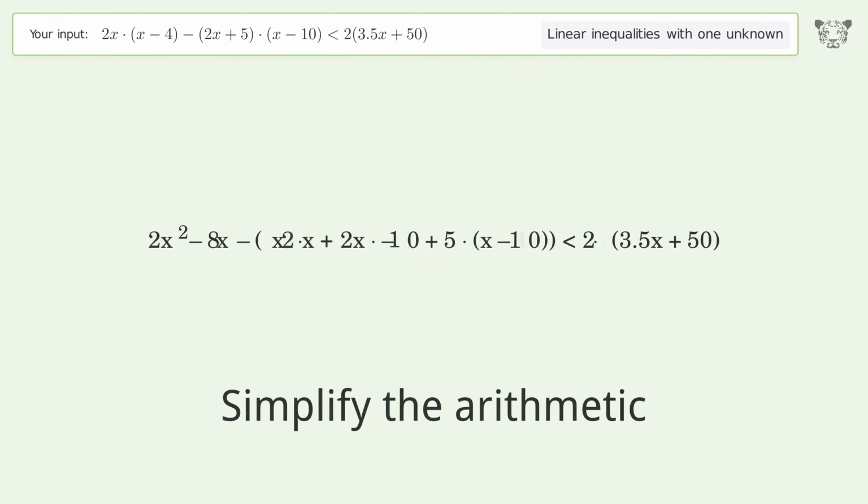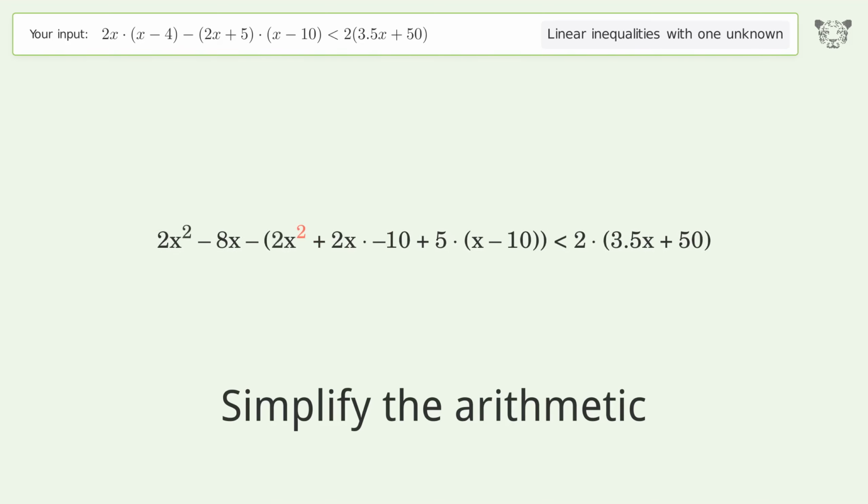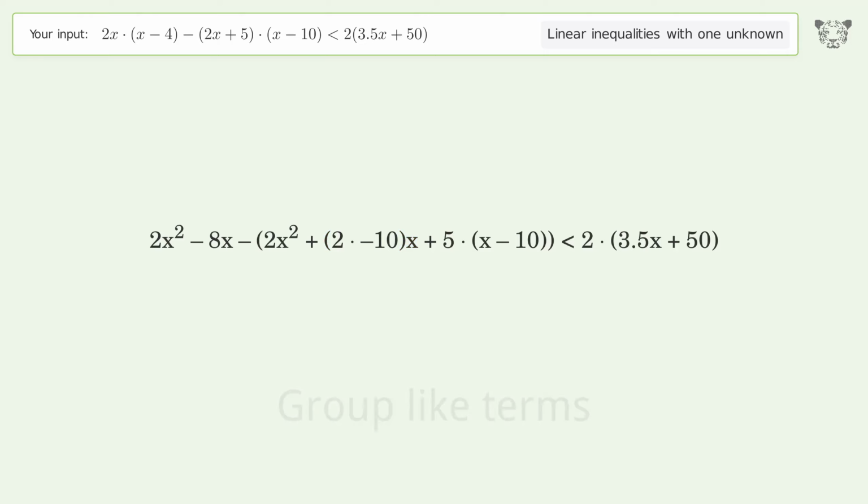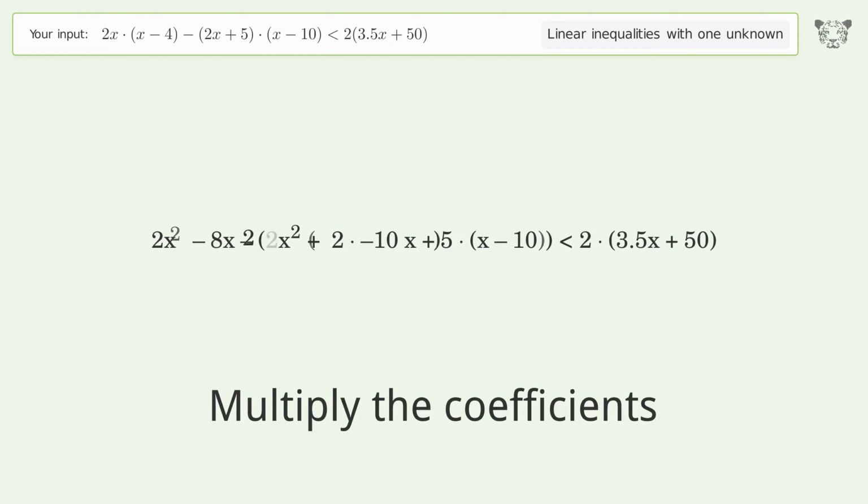Simplify the arithmetic. Group like terms. Multiply the coefficients.